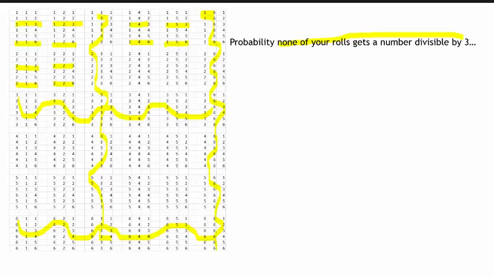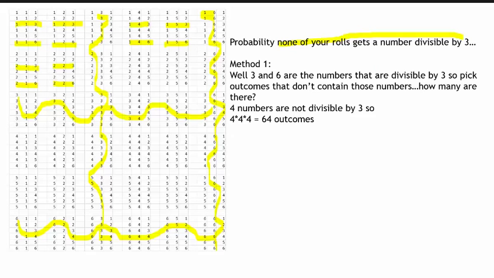So 4 times 4 times 4, which is 64. So either way you think about it, whether you look at the graph and try to count them, or whether you just use the counting principle, if 4 numbers are not divisible by 3 and you roll it 3 times, you do 4 times 4 times 4, which is 64.